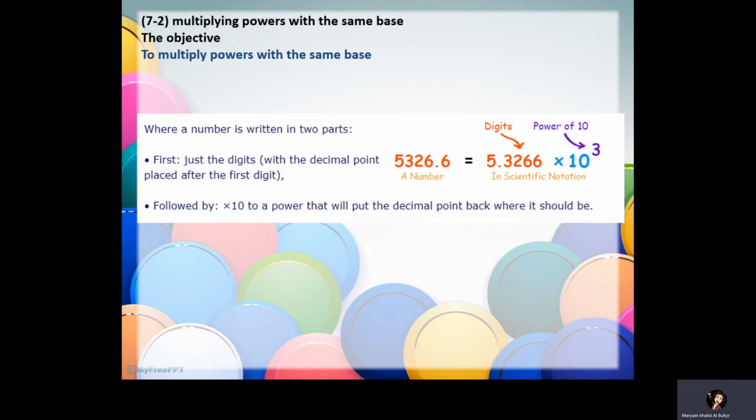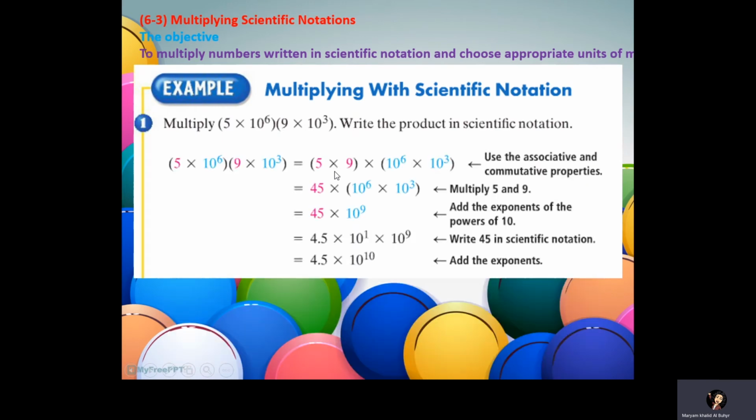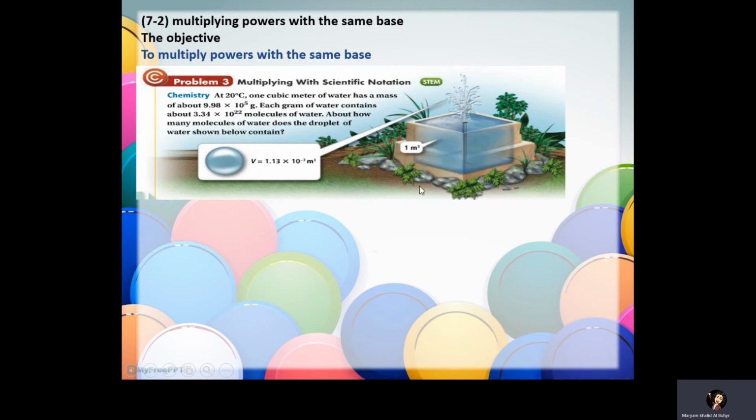So that's what we discussed. I showed you this example and the other one, which is not in your book. I just want to review it before I start my main idea.